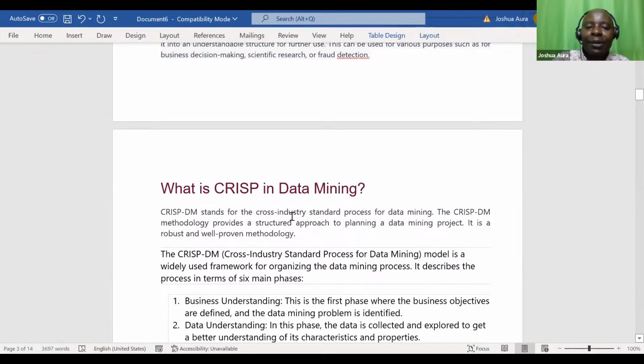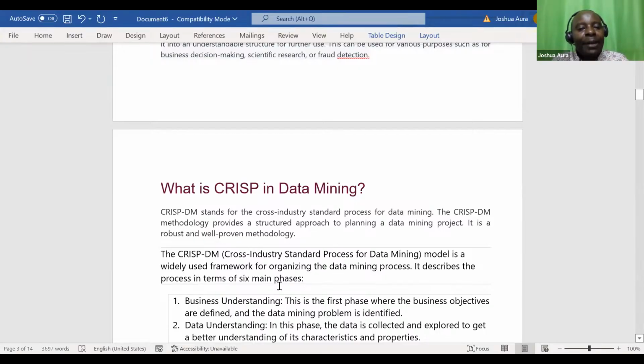The CRISP-DM methodology provides a structured approach to planning a data mining project. It is a robust and well-proven methodology. The CRISP-DM model is a widely used framework for organizing the data mining process.